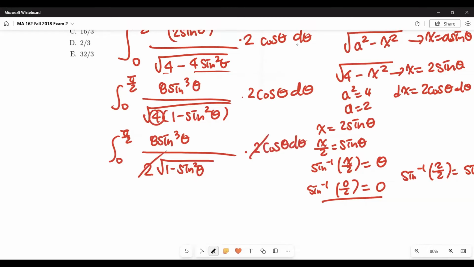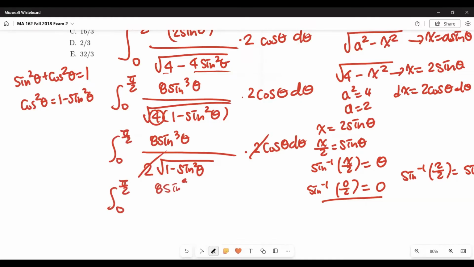2 cancels out. And if you remember your trig identities, sine squared theta plus cosine squared theta is 1. So cosine squared theta is 1 minus sine squared theta. So this can be written as 0 to pi over 2, 8 sine cubed theta over, this is gonna be cosine squared theta times cosine theta d theta.